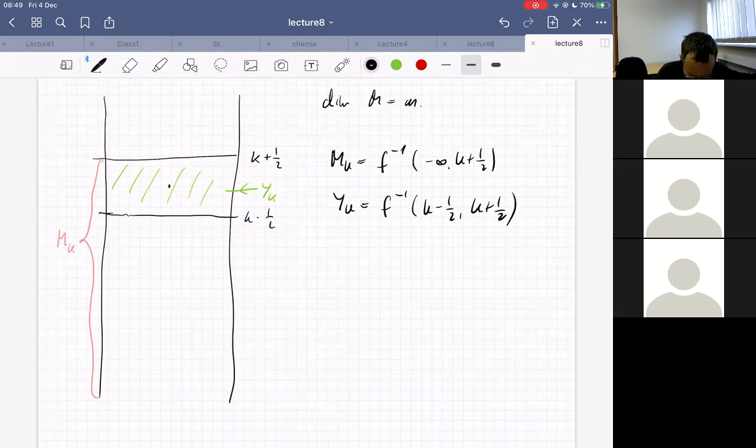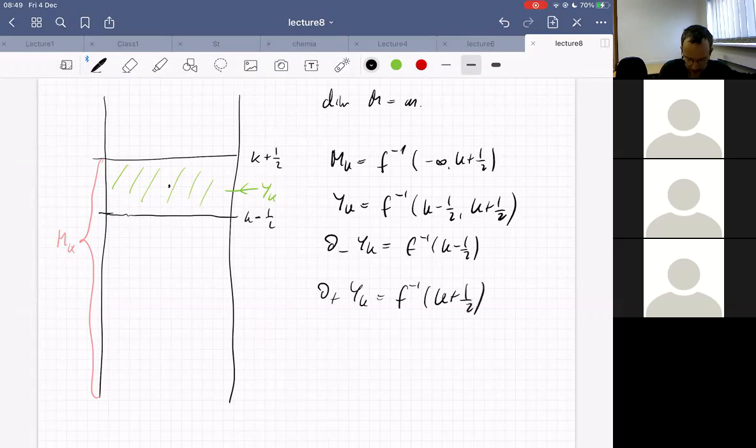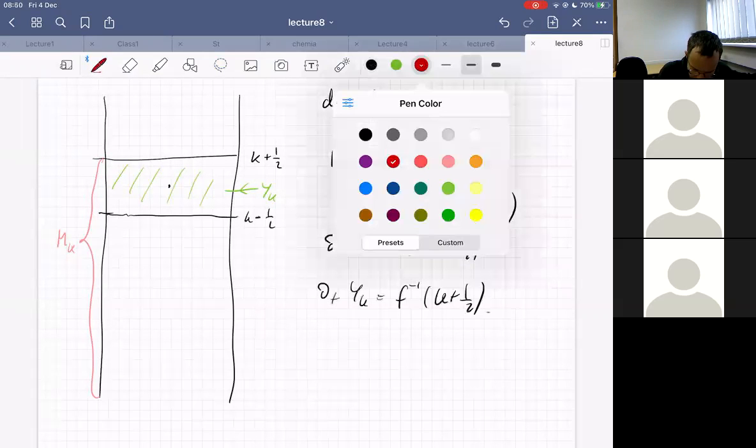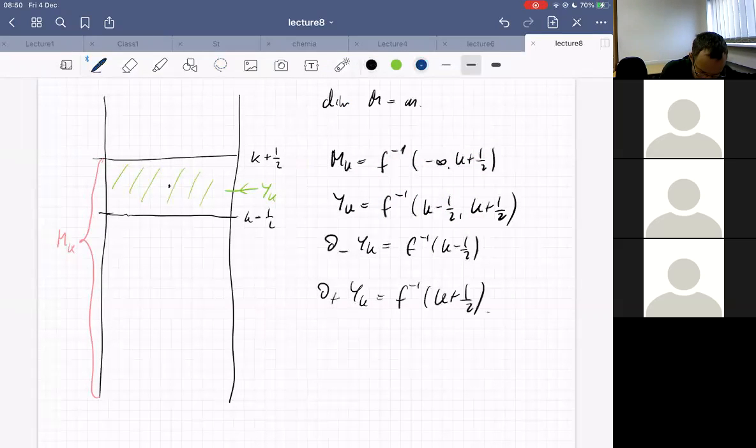And then I can define that d minus of yk is the lower boundary, so it's f inverse of k minus half, and d plus of yk is f inverse of k plus half. So this is d plus of yk, and this is d minus of yk.